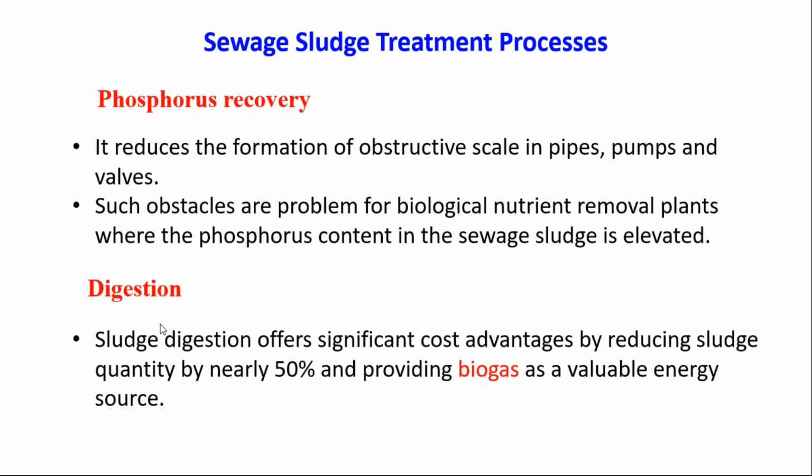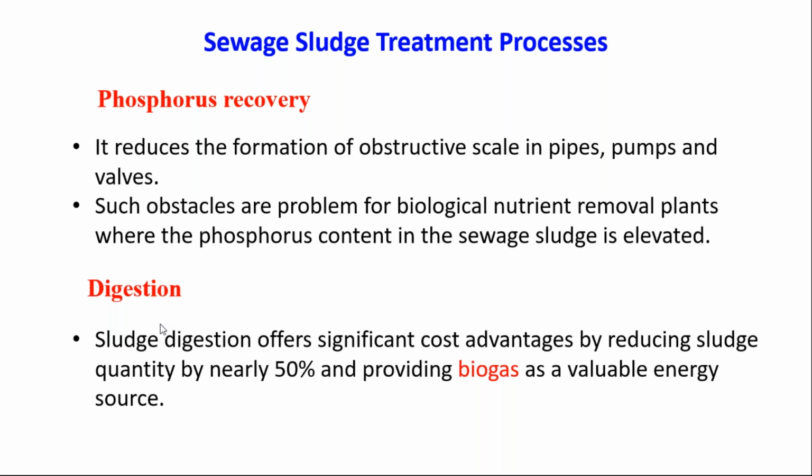So we can use some techniques to recover the phosphorus from these liquid parts, and we can send these liquid parts for digestion. In a sewage treatment plant, we normally use a UASB reactor, that is an anaerobic sludge blanket reactor, where the digestion or decomposition goes on in the absence of oxygen.